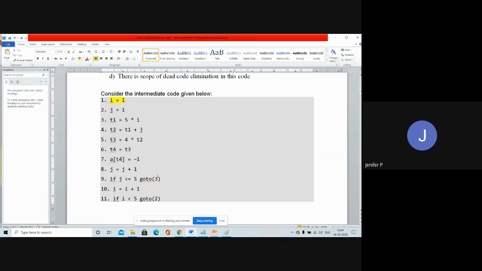Then the label of a go to, that statement is a leader. So go to 3, so this is a leader. And the next one, go to 2, so 2 is also a leader.